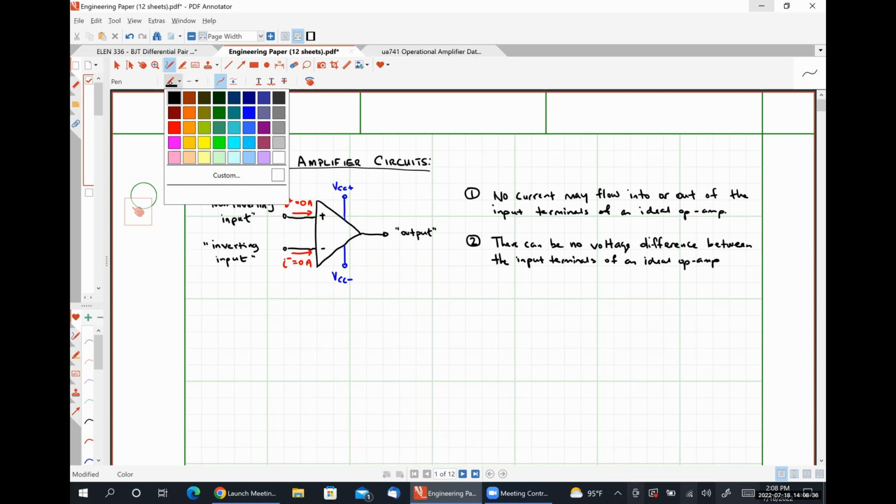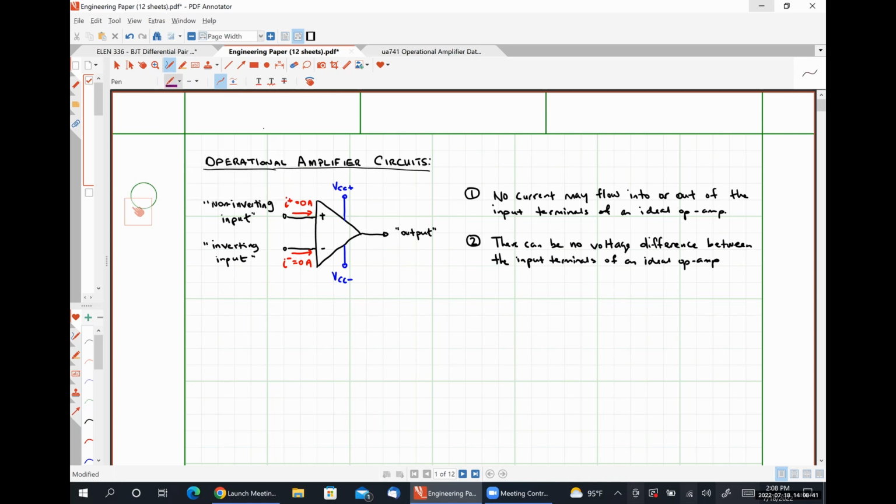So let's call this voltage associated with the non-inverting input terminal V superscript plus, and this voltage associated with the inverting input terminal V superscript minus.